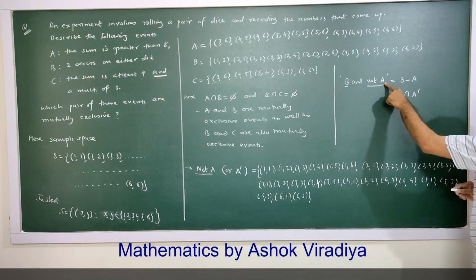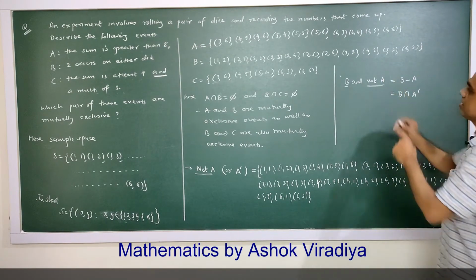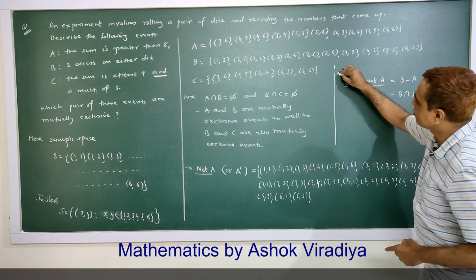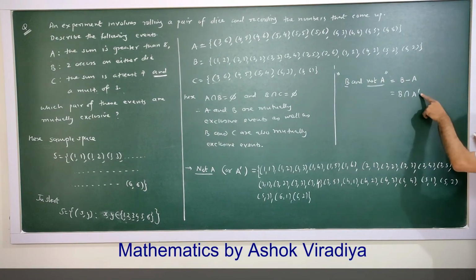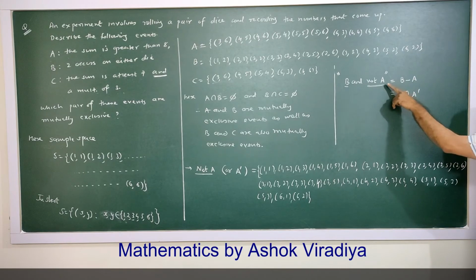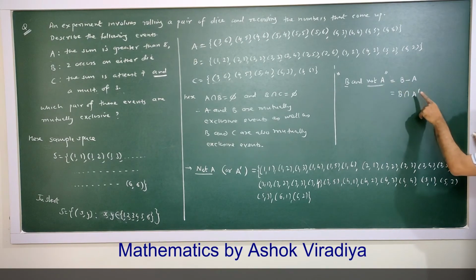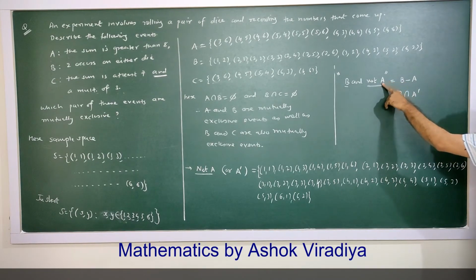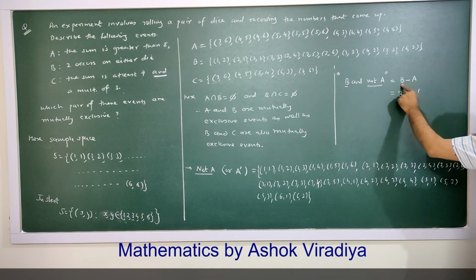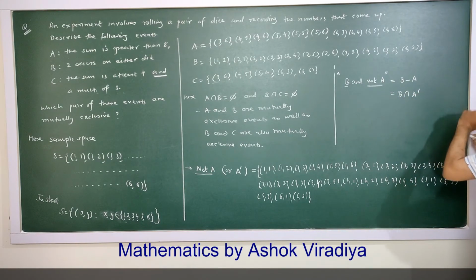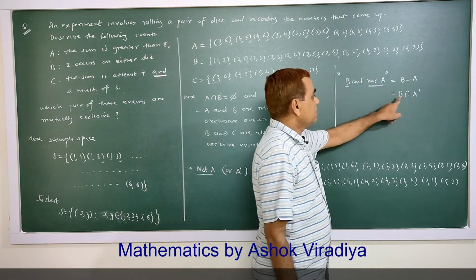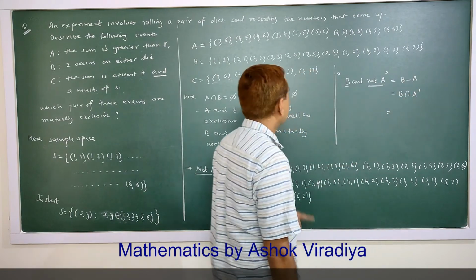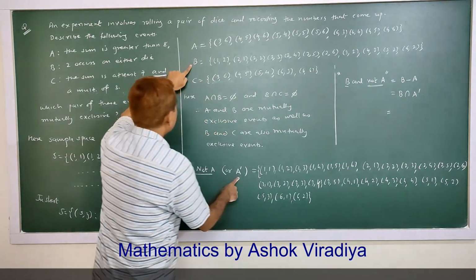This is not A. B not A. Here I am changing the symbol to avoid confusion, because we are using dash for complement. So this is A and here it is A dash. Clear? This is not dash. This is A. B and not A means B minus A means B intersection A dash. So we take the intersection of B and A dash. So this is B, this is A dash.